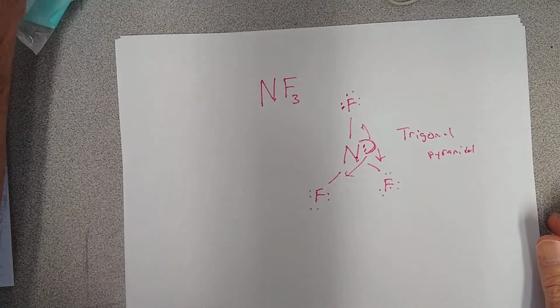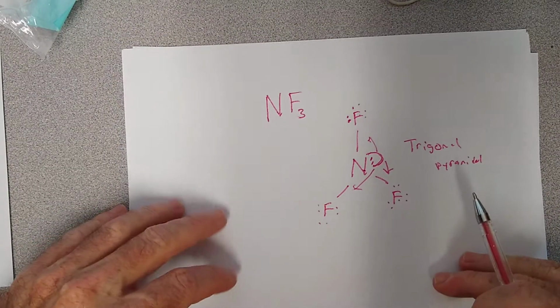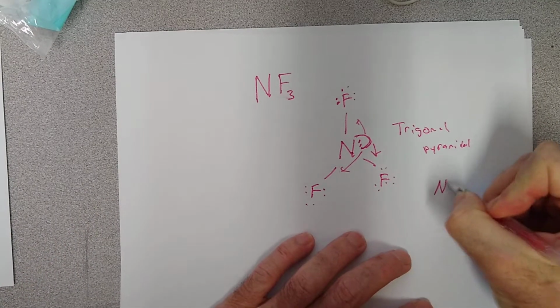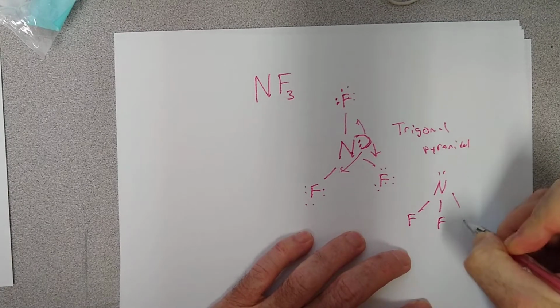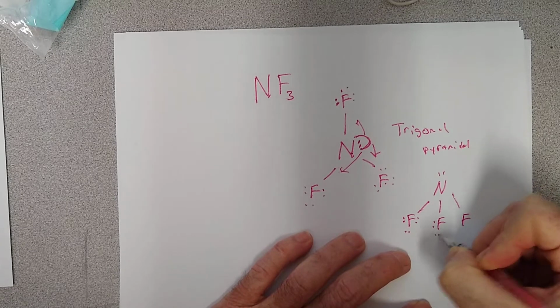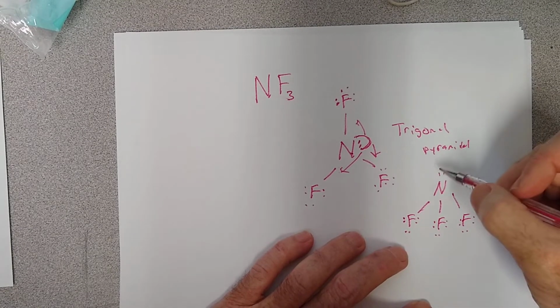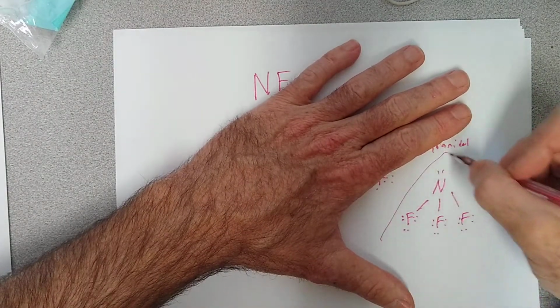Now, if I wanted to draw this better, I like this. Now, your college professors might not like that, but I like for my kids to draw nitrogen trifluoride or a similar molecule like this. That way we can see that it's a pyramid, that it's got up and down.